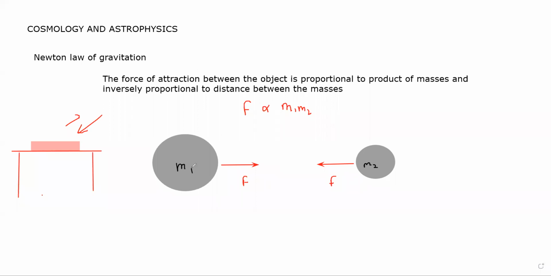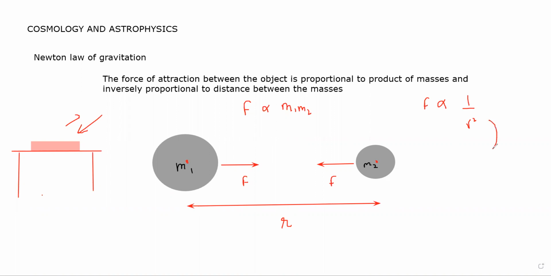For example, this is the center of m1, this one is the center of m2. So this force is inversely proportional to the square of the distance between the two masses. If this distance is given by r, then F is inversely proportional to r squared. What does this mean? It means it follows an inverse square law.